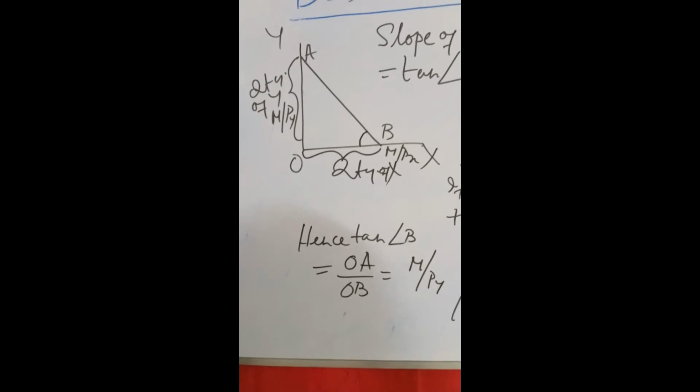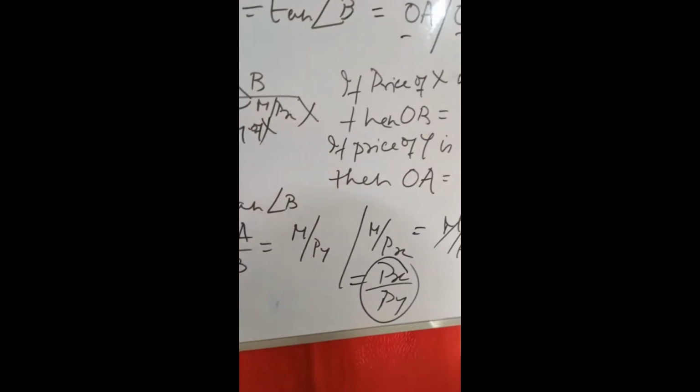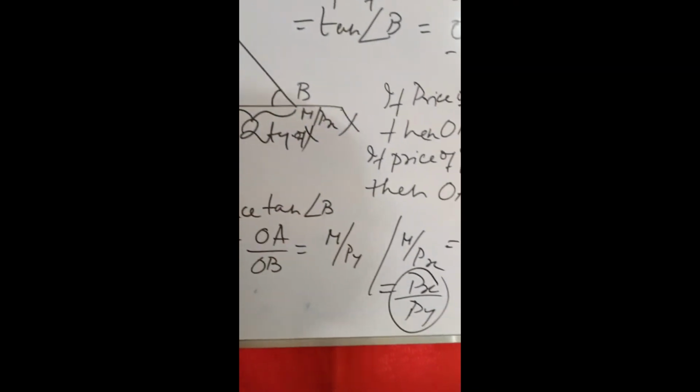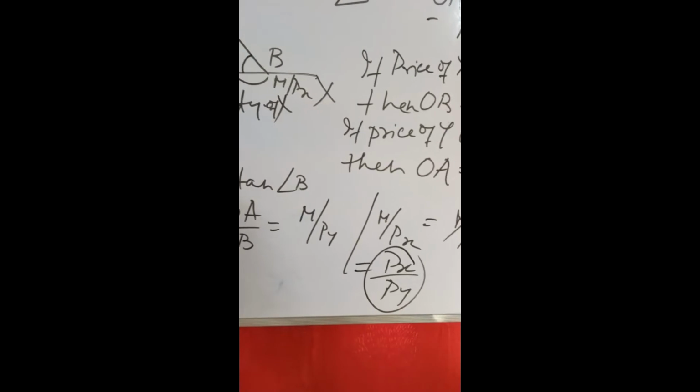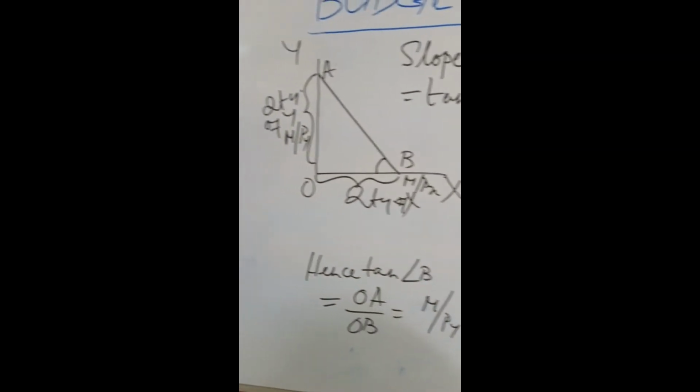So long as there is no change in either price of X or price of Y, the budget line remains the same, and also there is no change in income of the consumer. Now let's see what happens if price of either X or Y changes.